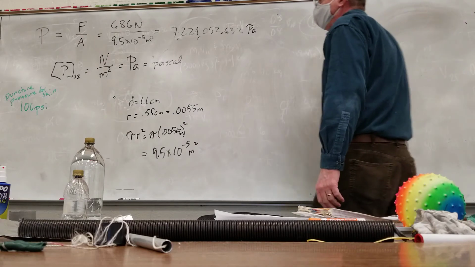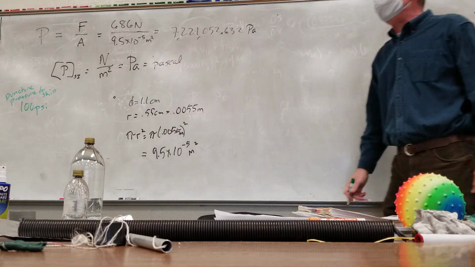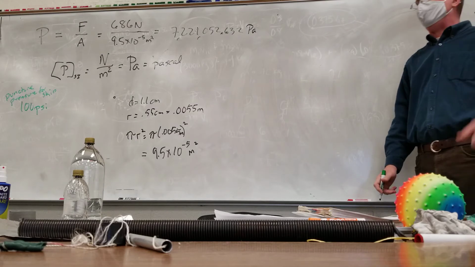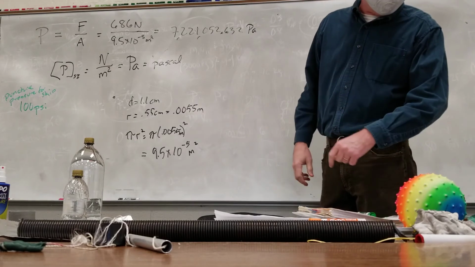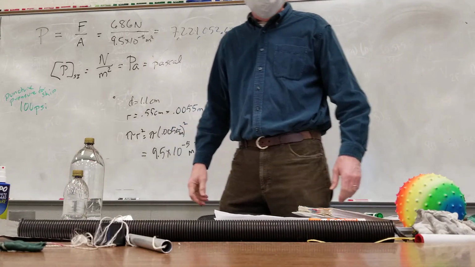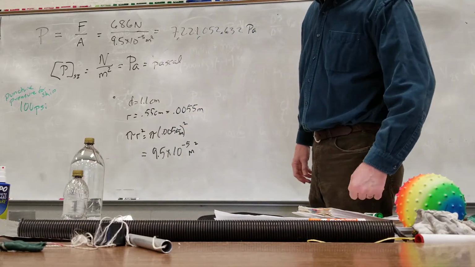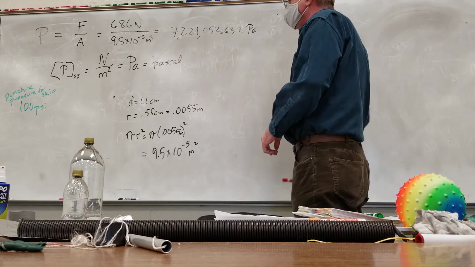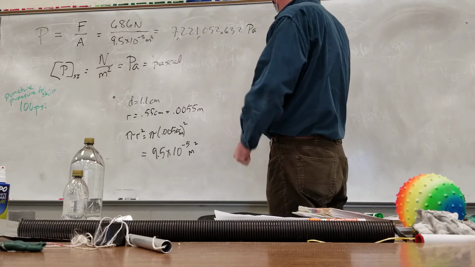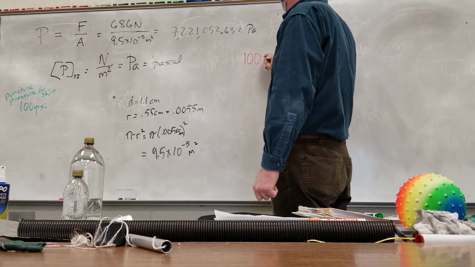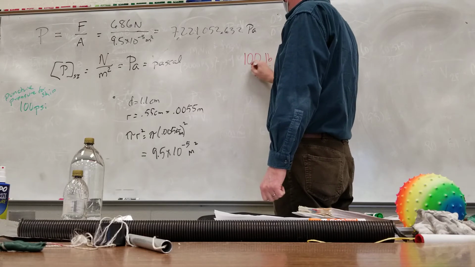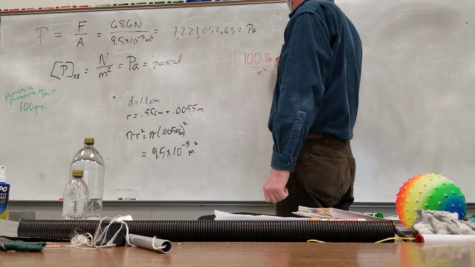So I have the value in PSI, we need to somehow get it into pascals. So instead of doing the straight up conversion, we will convert the pieces. So it's pounds per inch squared.